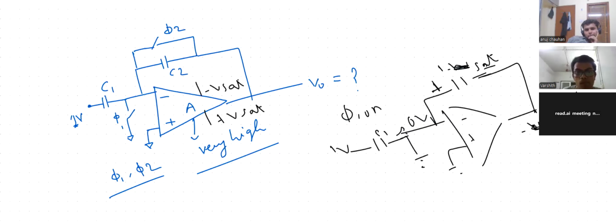If switch 2 is not there, that means it's open circuit. As the capacitor C is initially uncharged, output would be 0 volt only.